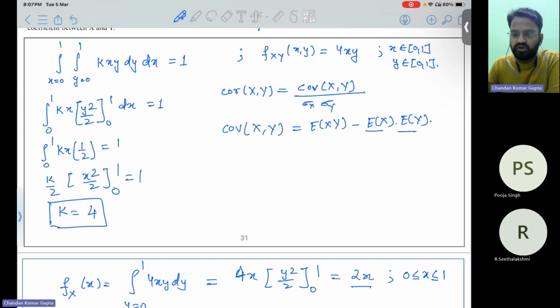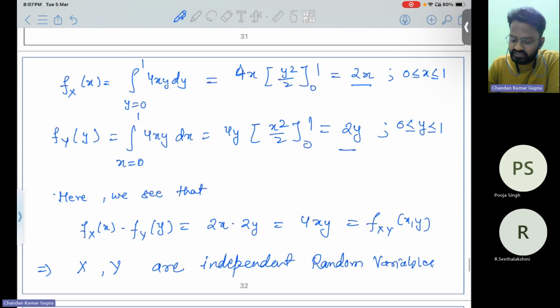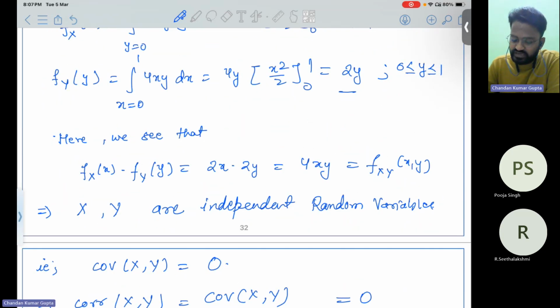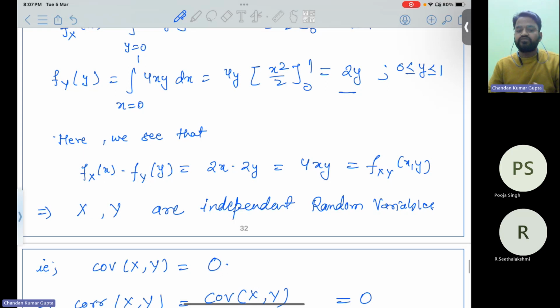Or you may directly use the independence property: if two variables are independent, then the correlation coefficient is 0. But if the correlation coefficient is 0, that does not imply they are independent, because the correlation coefficient gives only the linear association.